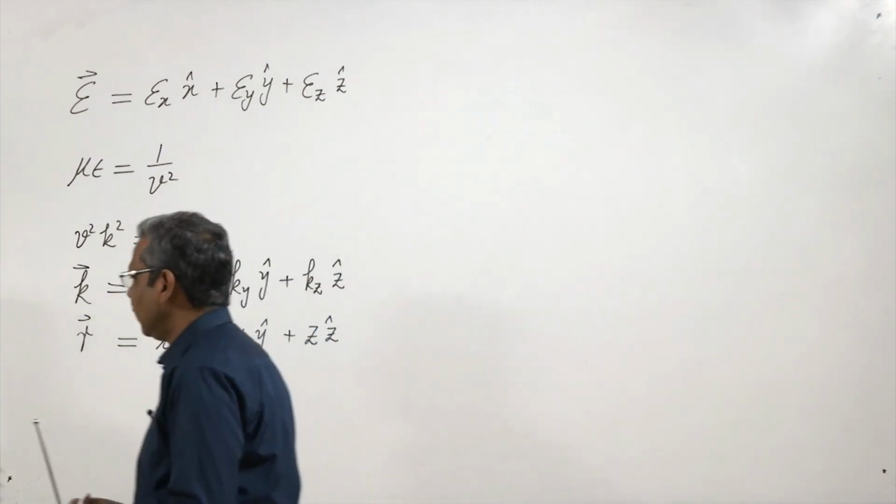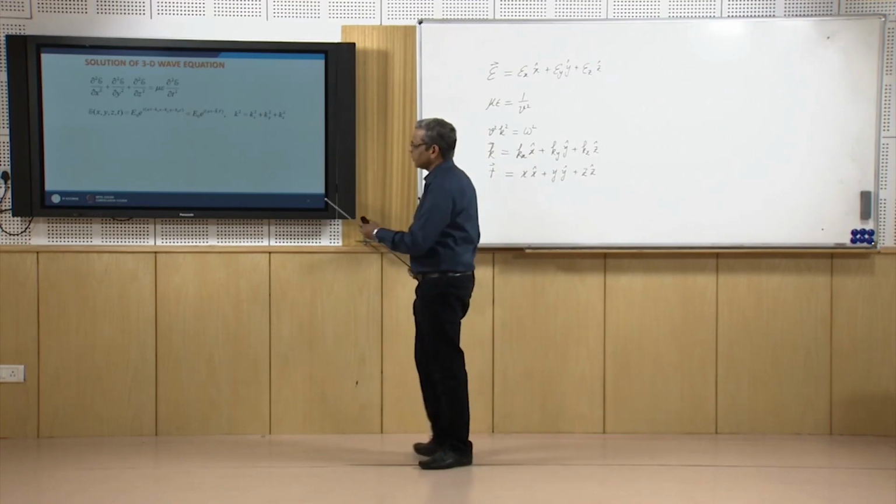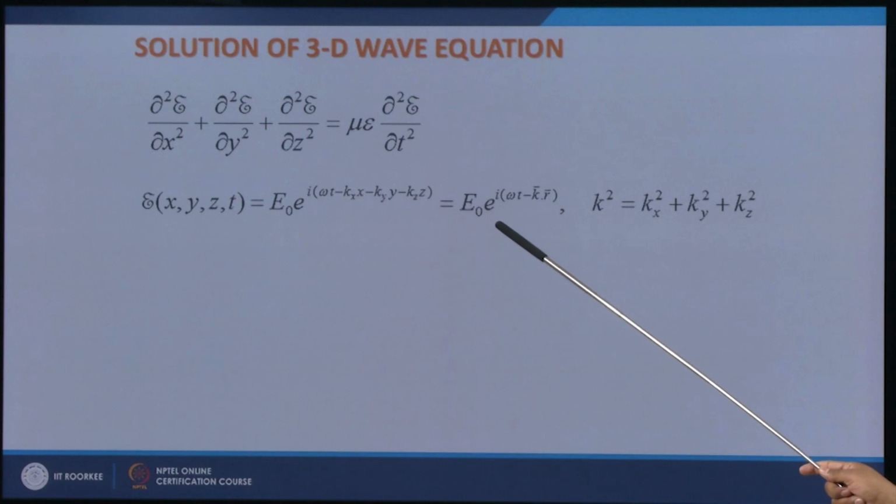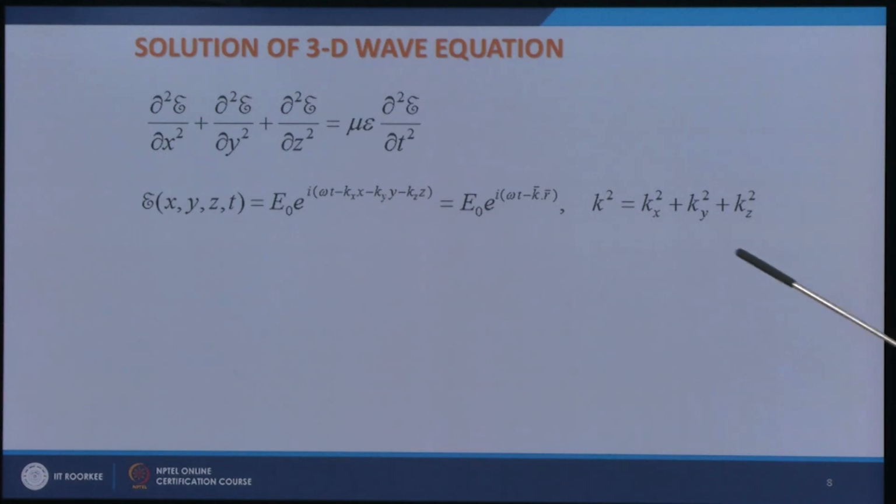So this is nothing but k dot r. I represent it as E 0 e to the power i omega t minus k dot r, and from here you can immediately see that k square is k x square plus k y square plus k z square.